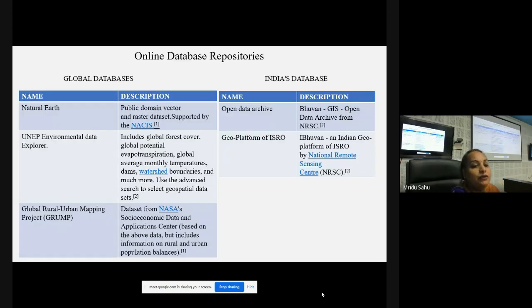So these are, you can take a screenshot or image of it, where you can extract the data as per Natural Earth, public domain vector and raster datasets supported by NACIS. The name is Open Data Archive.